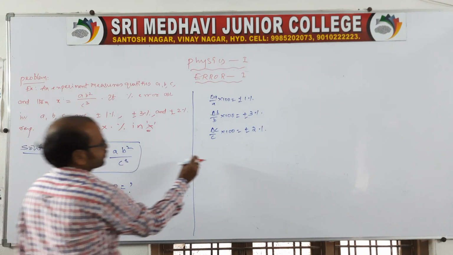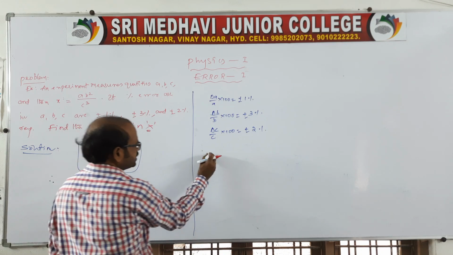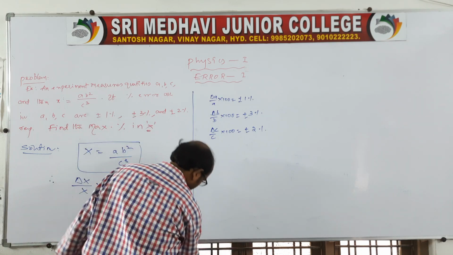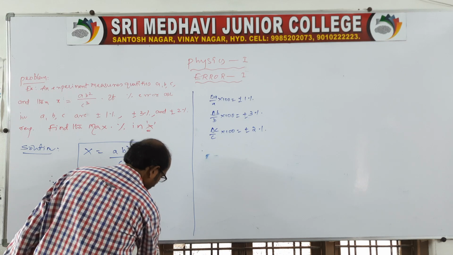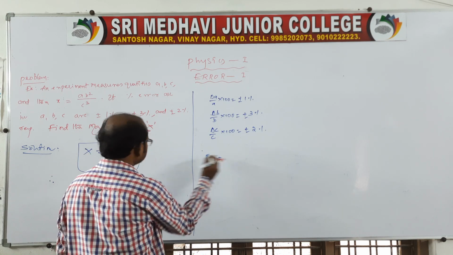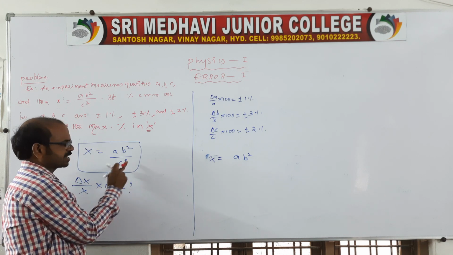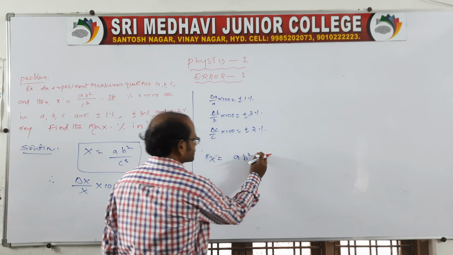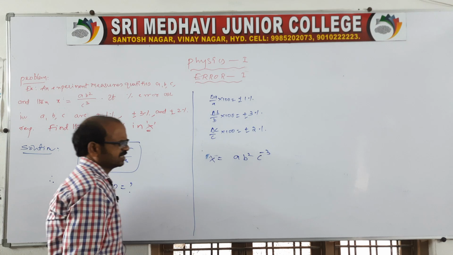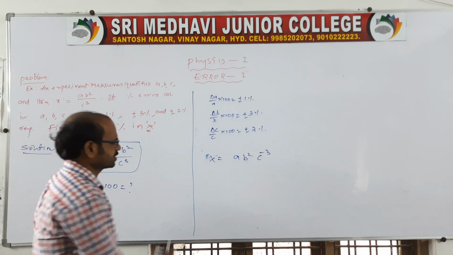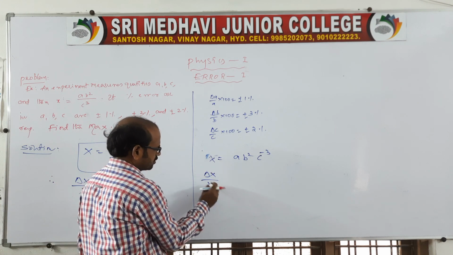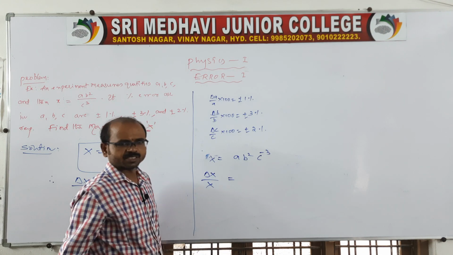See, in the previous class I told you very clearly, directly also we can write. First of all you write it like this: X is equal to a b square, and c cube is actually in the denominator, so you take it in the numerator, it becomes power minus 3. Directly we can write, because log application and everything is not required.